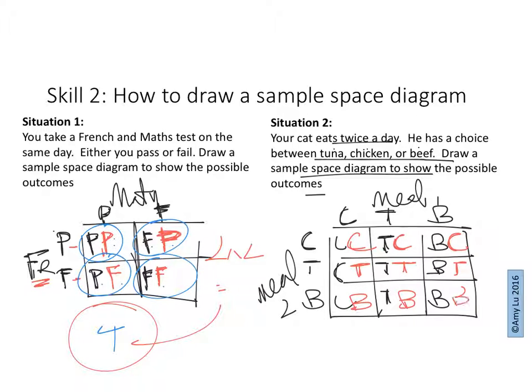And so when we look at the combinations, your cat can have chicken, chicken, or tuna, chicken, or beef, chicken, or chicken, tuna, or tuna, tuna, and so forth. So in total, we have 9 possible outcomes. And if you think about it again, 3 times 3 does make 9 total outcomes.